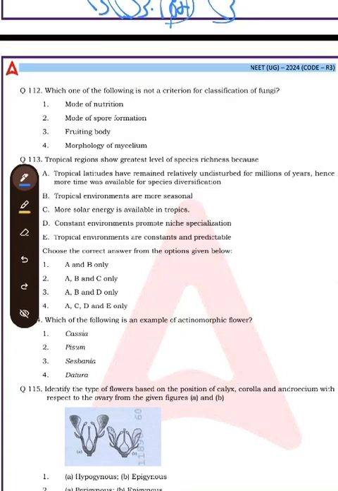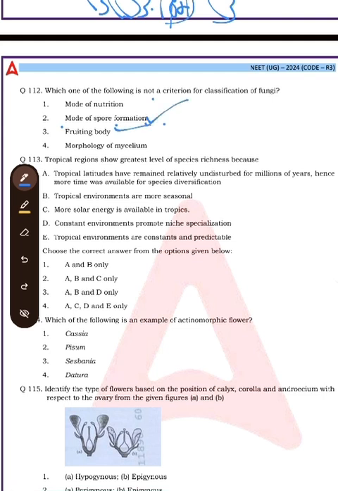Next, which one of the following is not a criterion for classification of fungi? So to classify fungi, first, mode of nutrition. Let's see. Mode of spore formation. Yes, mode of spore formation and fruiting bodies are very important in division of fungi.